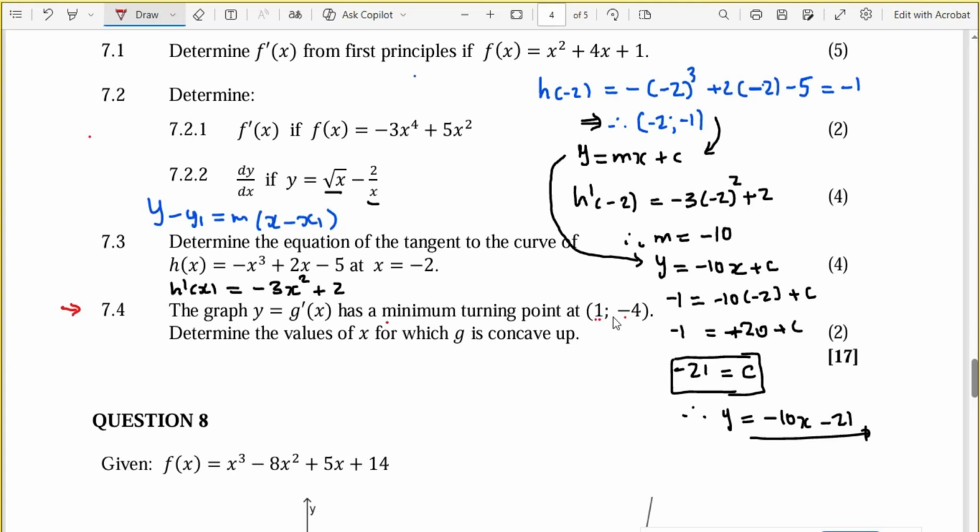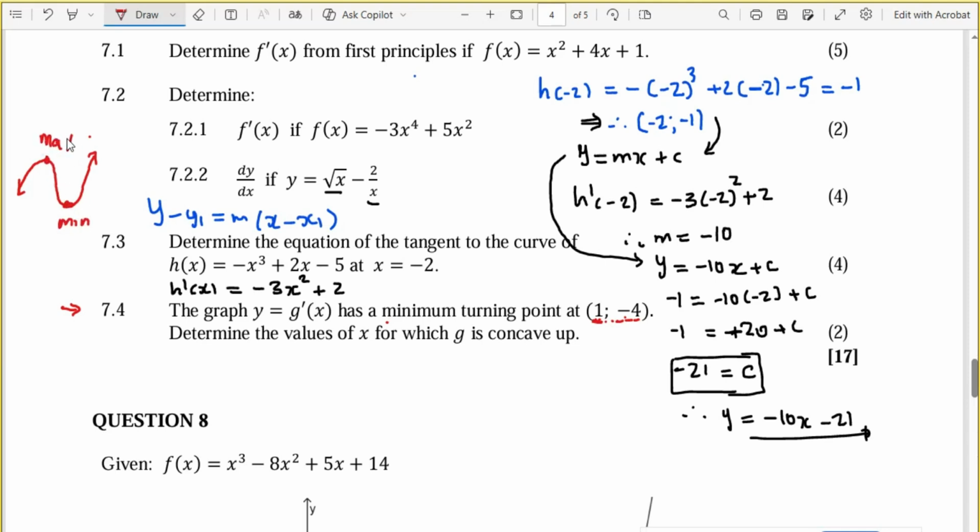But now, it has the minimum, so they are talking about the turning point at that point. So it has the minimum turning point. If I have a graph like this and they say it has a minimum, so this is my minimum turning point, this is my minimum, and this is my max.